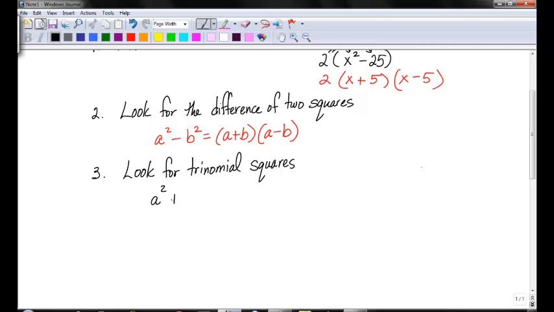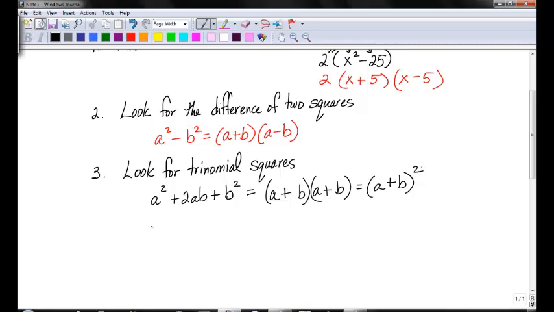A squared plus 2ab plus b squared, and you can write it, you know, you need an a times an a, b times a b, and the signs are both positive. Or you can also say a squared is a perfect square of a, b squared is a perfect square of b. If you multiply those two together, ab, and double it, do you get that middle term? Yeah. So most of the time they're going to write it a plus b quantity squared.